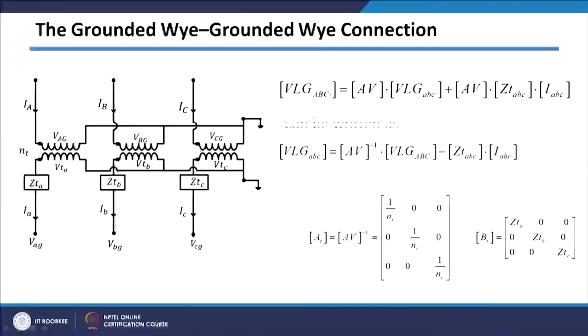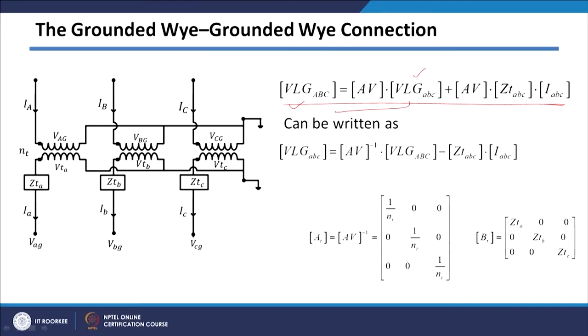Then capital A and capital B. As I told you, we need to write the secondary side voltages in terms of primary side voltages and secondary side current. So we have this equation here, and we want to write the secondary side voltage in terms of primary side voltage and secondary current.